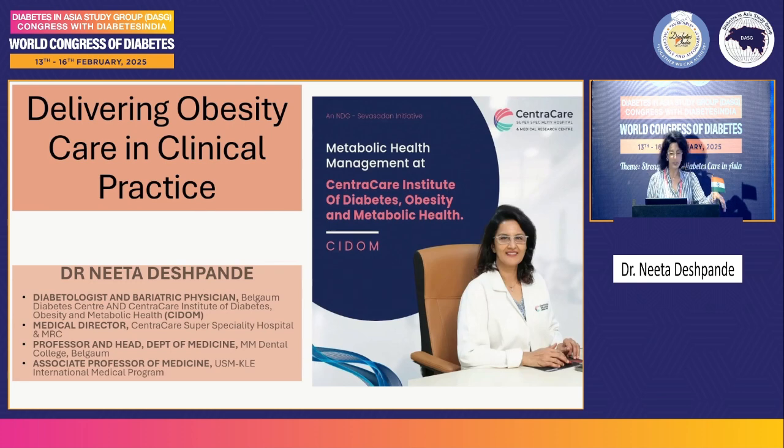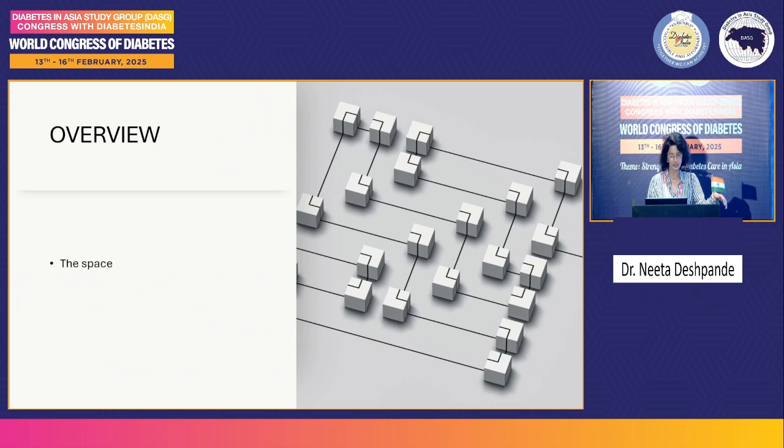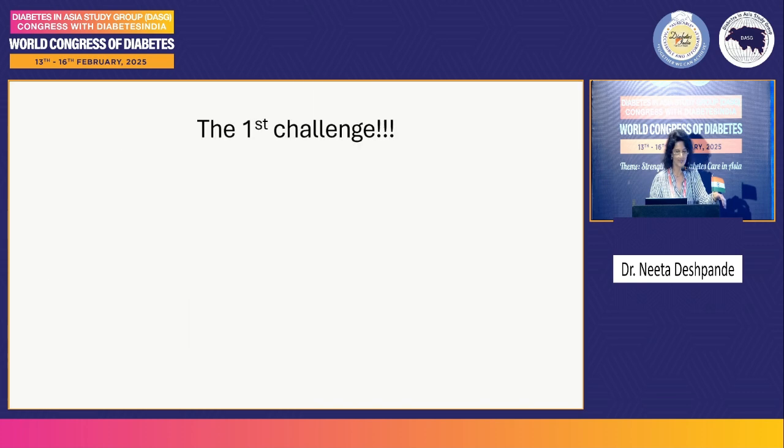So I'm going to be dealing with the practical aspects of how you need to go about it, how you need to design your clinic, and what are the algorithms that you can use. So this is the overview. I'll talk about the space, the team, the infrastructure and protocol development, and how you can actually lead by example.